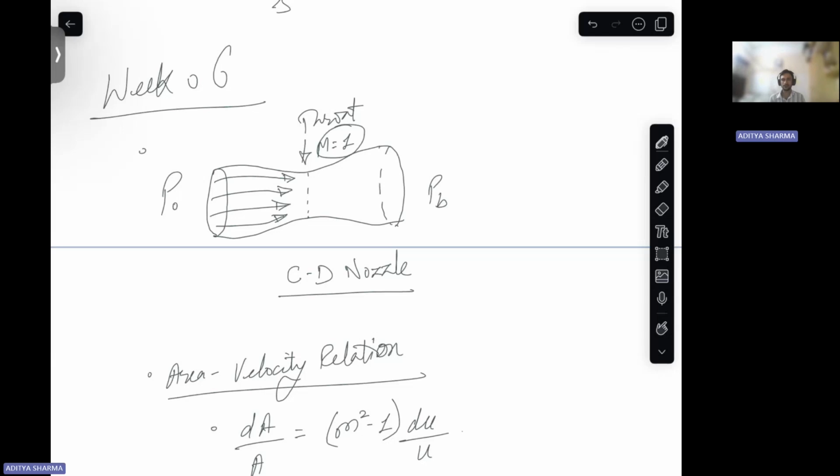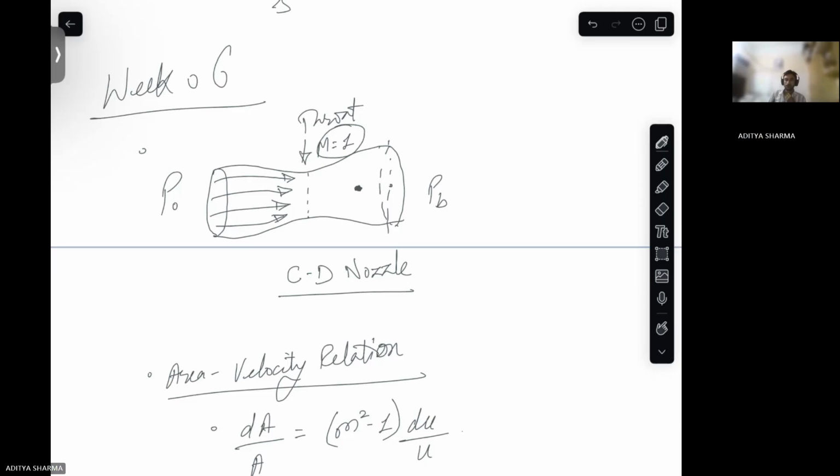Then what happens is, in some cases, you reduce the back pressure, you reduce the back pressure. So let's say your flow is at this point and it has not reached the exit. Now because your flow is accelerating, its dynamic pressure is increasing, which is there in velocity, but its static pressure is reducing.